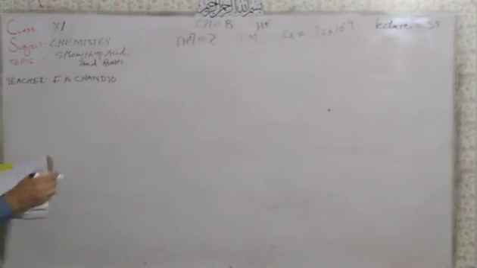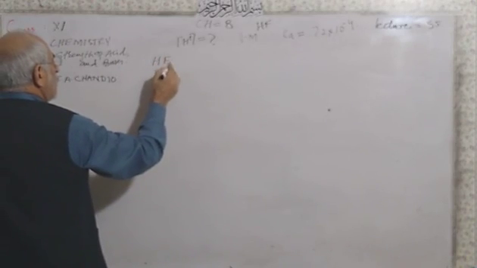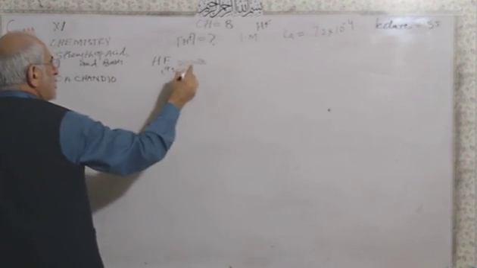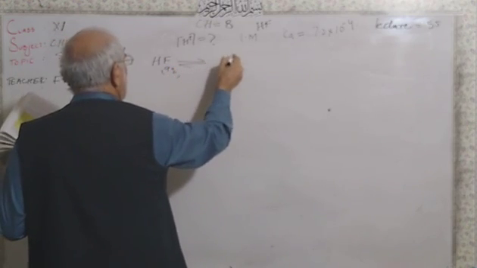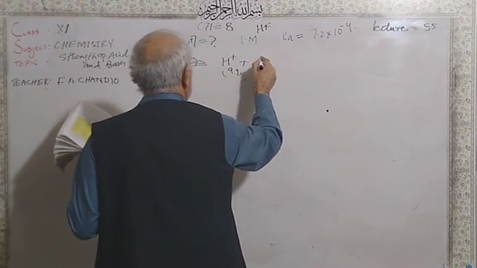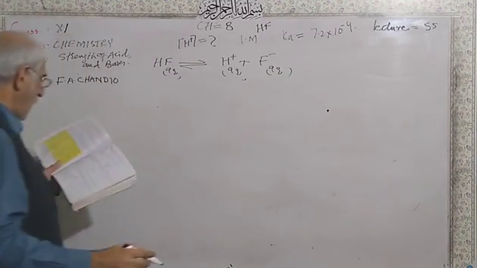Hydrofluoric acid is a weak acid, so it does not dissociate completely. Write the equilibrium equation. Somehow it is going to be ionized, not wholly, because it is a weak acid.